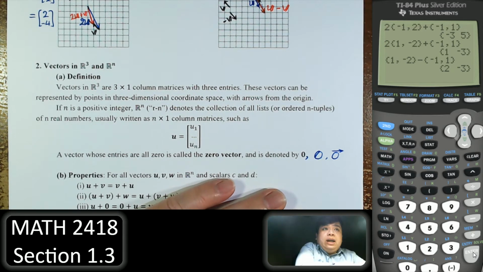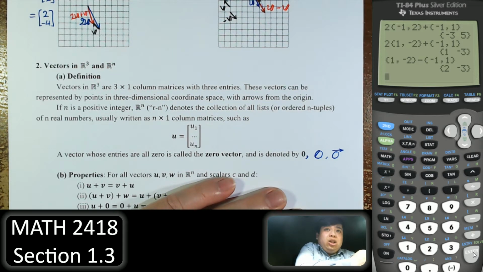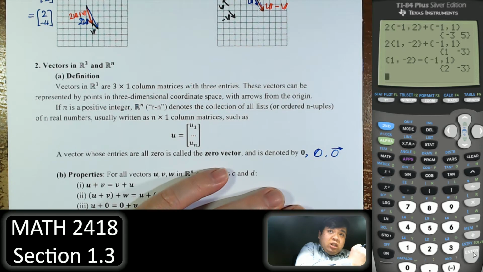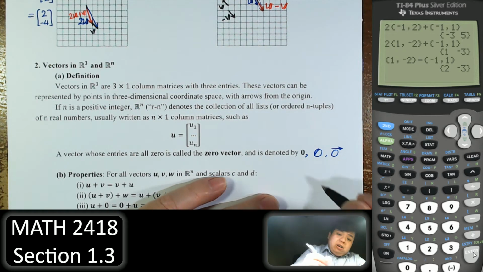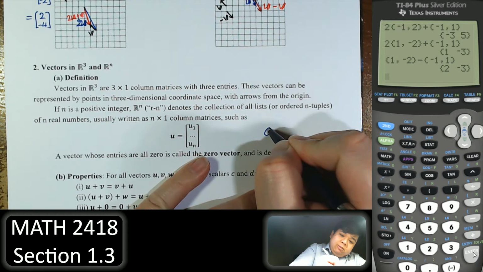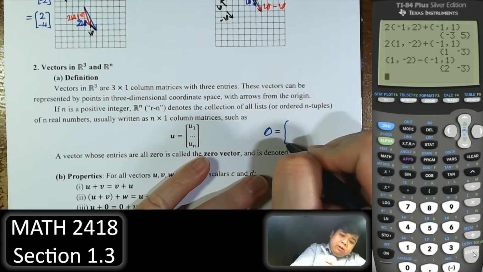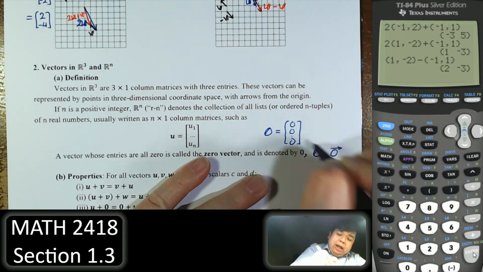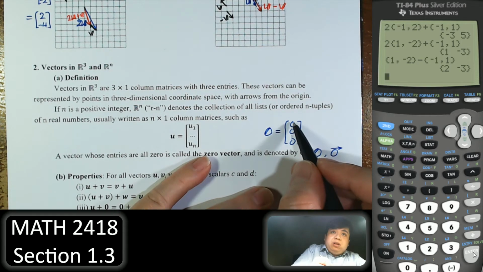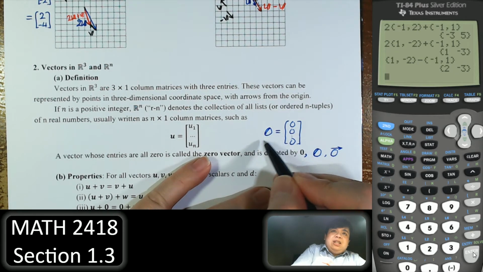Either way, we have to write something that distinguishes between the 0 vector, which has a bunch of 0 numbers, as opposed to a 0 number, and this is the 0 vector.